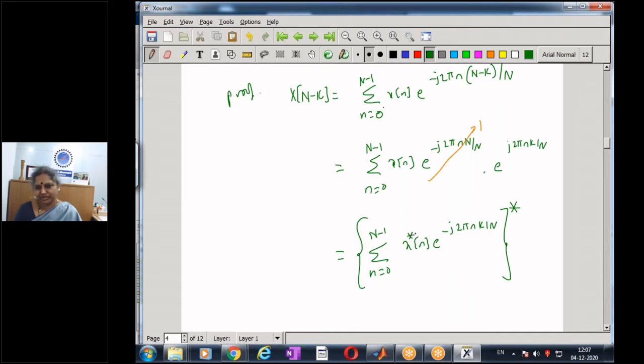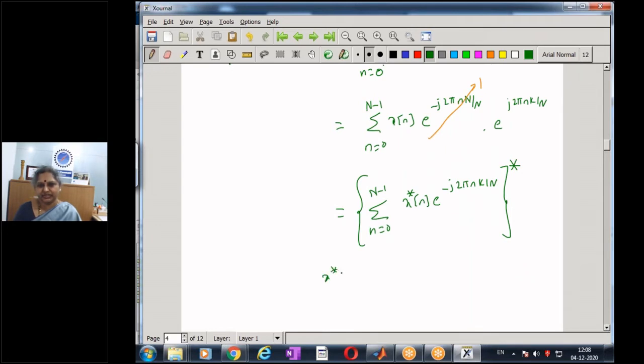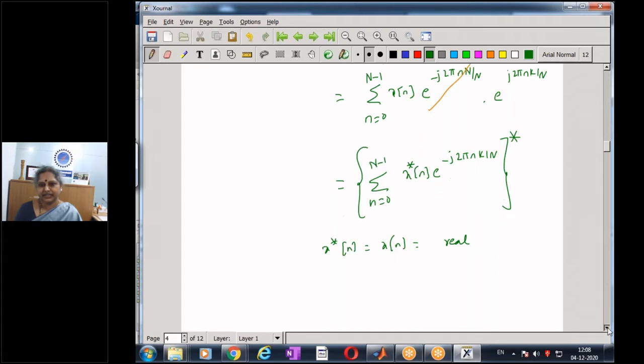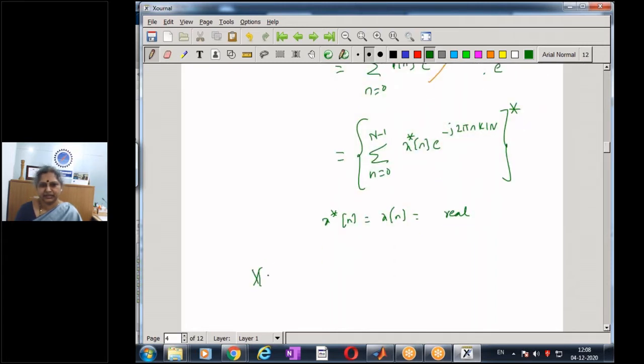But suppose x of n conjugate is equal to x of n, which happens when x of n is real, then x of n conjugate is same as x of n, and hence I can write x of N minus k equal to sigma n equal to 0 to N minus 1 x of n e to the power of minus j 2 pi nk by N whole conjugate.